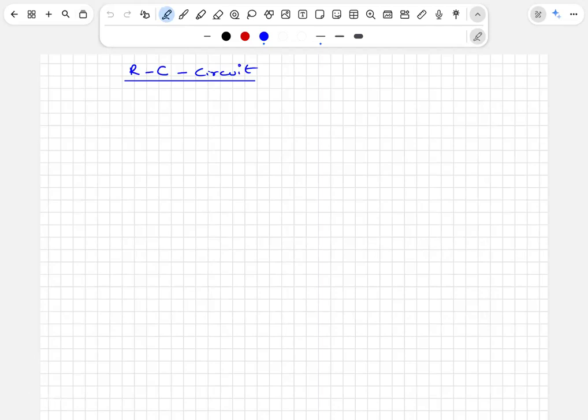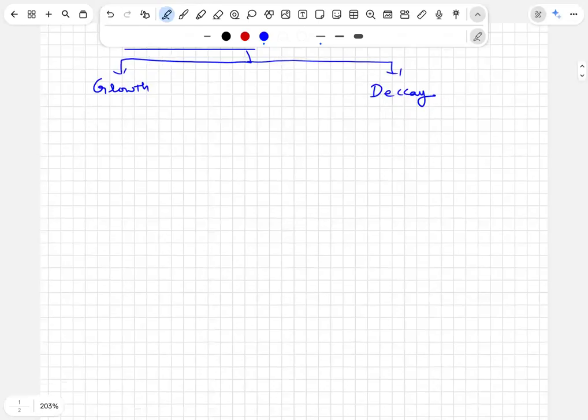The RC circuits are basically of two types: growth and decay. We'll first deal with the growth of current and growth of charge.